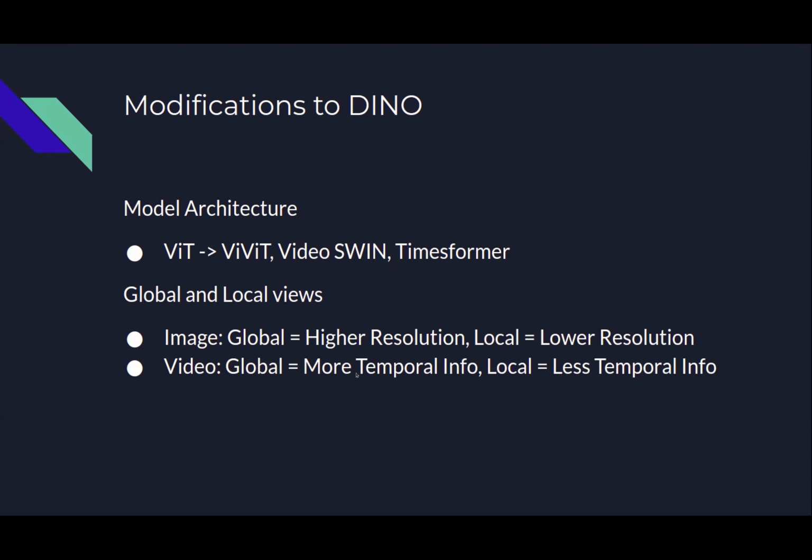One issue with this would be that Dino shows very good results on object segmentation. And so if we take away the resolution changes, then we might lose some of that object segmentation result that Dino shows. So we might want to experiment with using both of these as well.